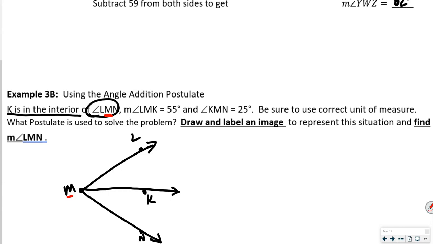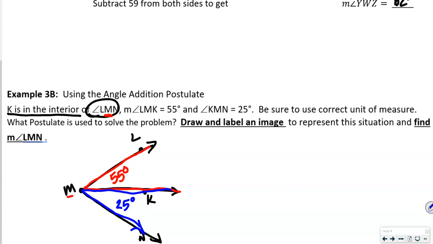So then it tells us that LMK is 55 degrees, okay? And KMN is 25 degrees, okay? So it says, be sure to use accurate unit of measure.